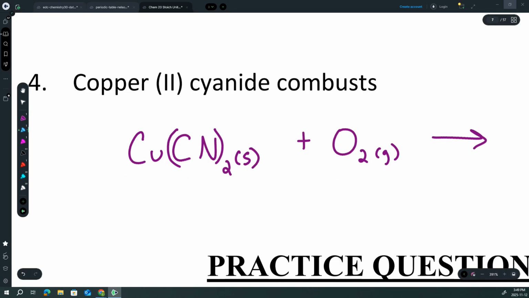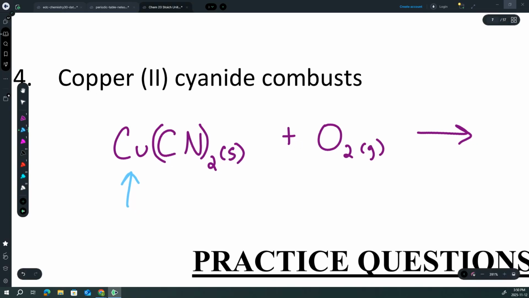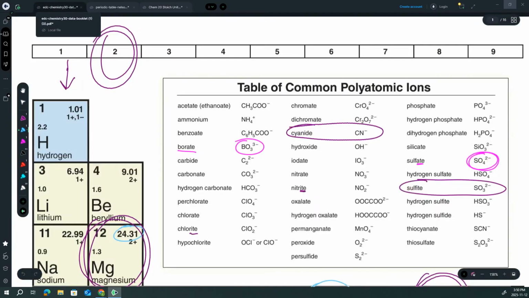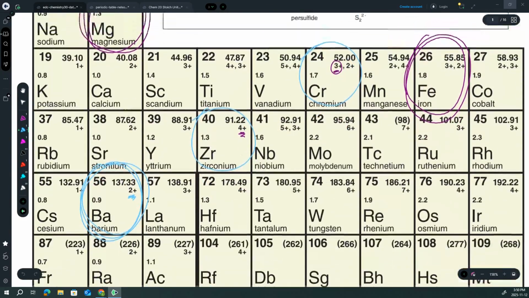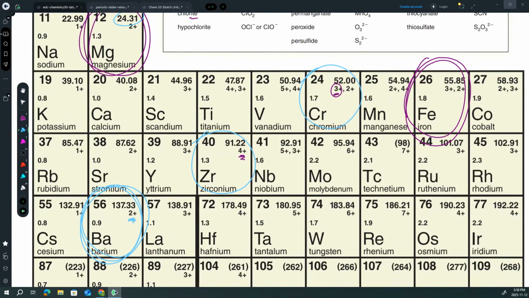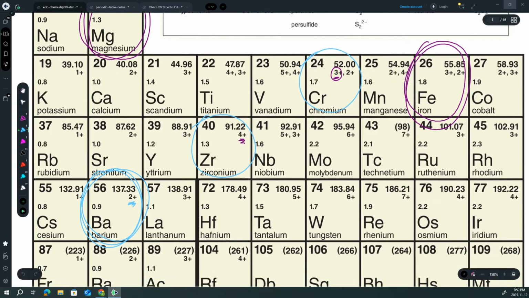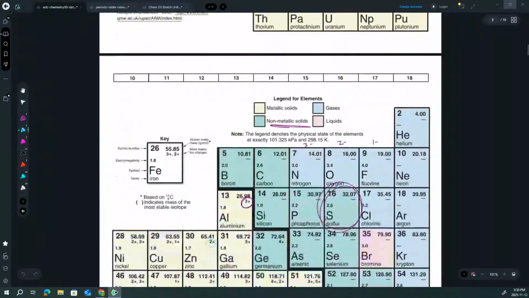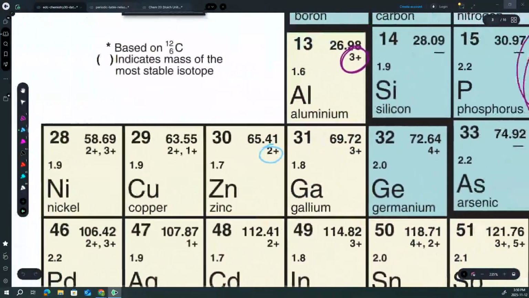All right, so we need to figure out the metal oxide here. Okay, so copper and oxygen, let's check out the most common charge for copper here. There copper is. Okay, so copper is number 29.